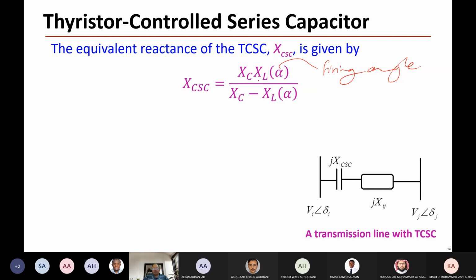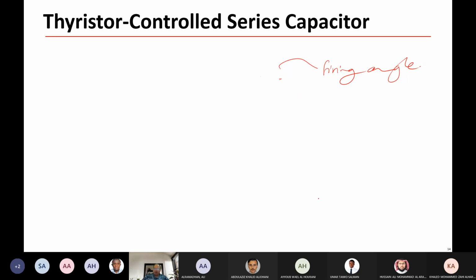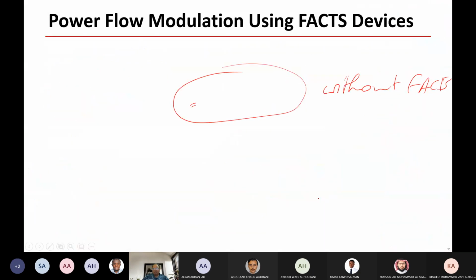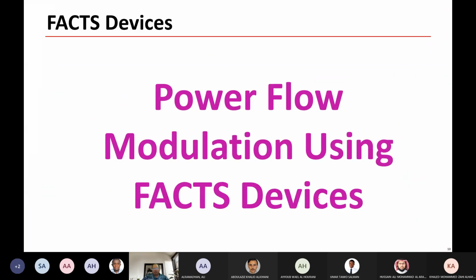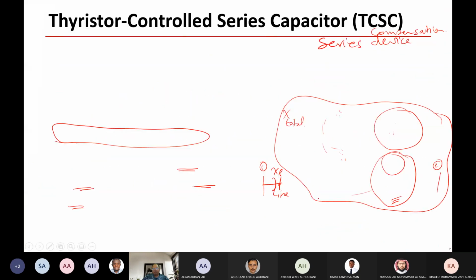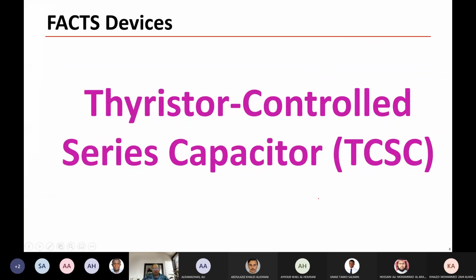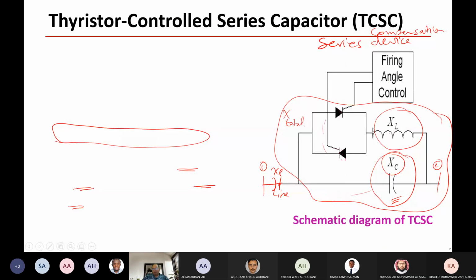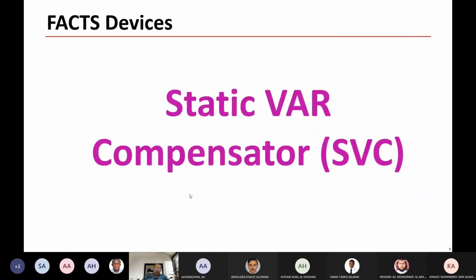XL is a function of the firing angle, if you still remember the structure of this series capacitor. So this XL is a function of the firing angle here, and XC is parallel to it.